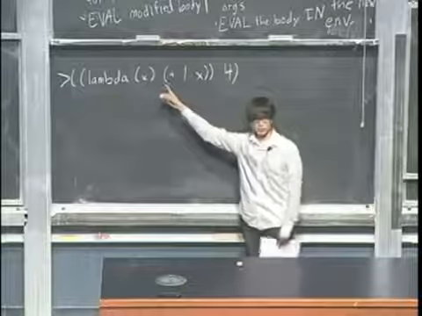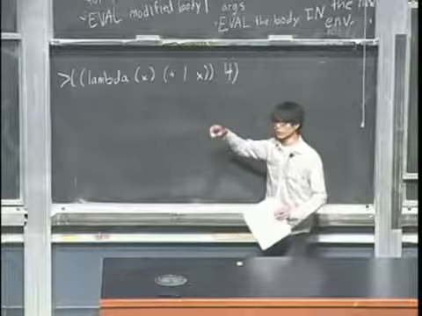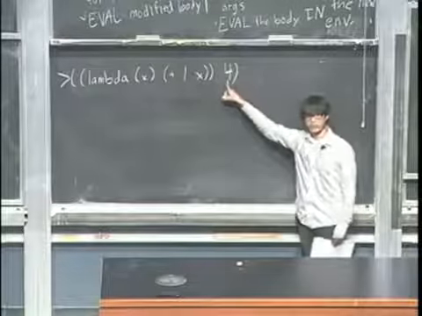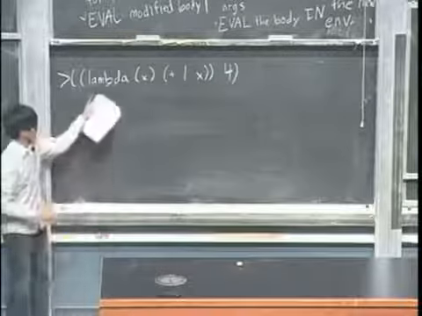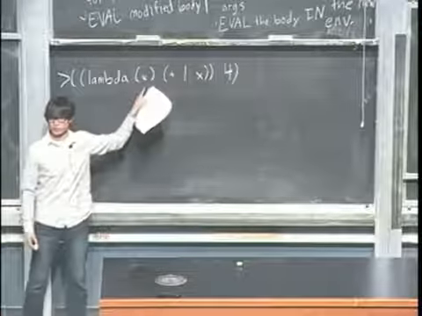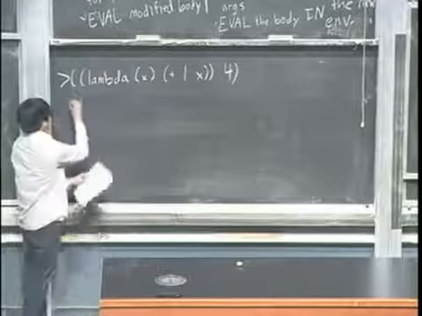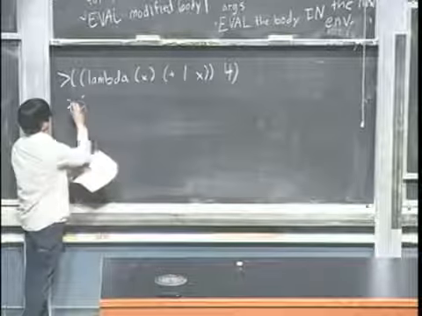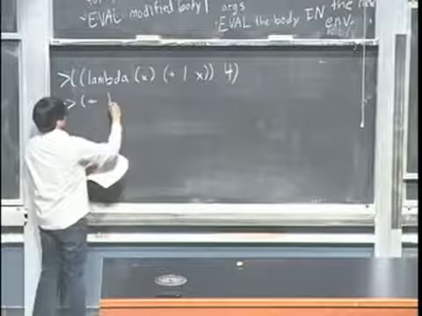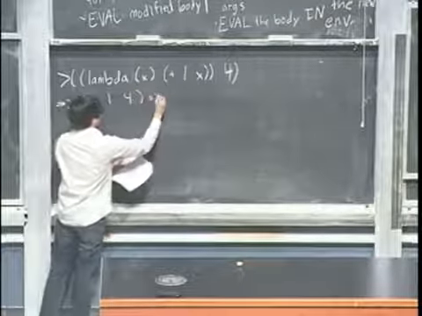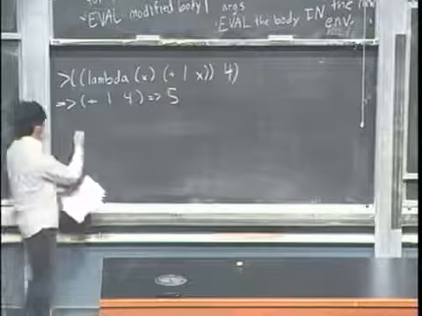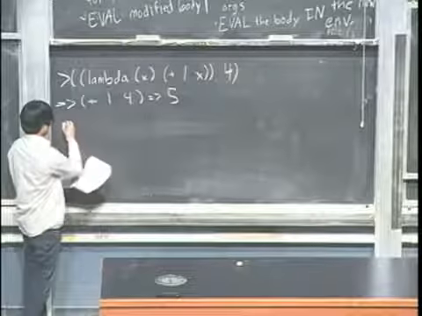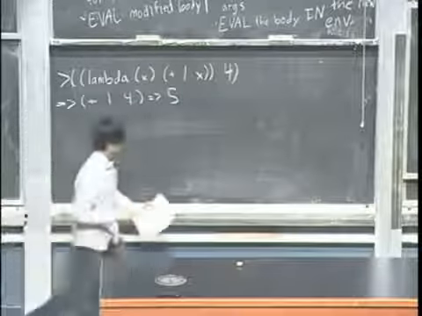This is a lambda, so it's self-evaluating in Scheme 1. A number is also self-evaluating, so it evaluates to 4. Then we substitute 4 into every instance of x in the body. So we end up doing plus 1, 4, which yields 5. Nothing crazy here. But things start to break down when we have something that looks like this.